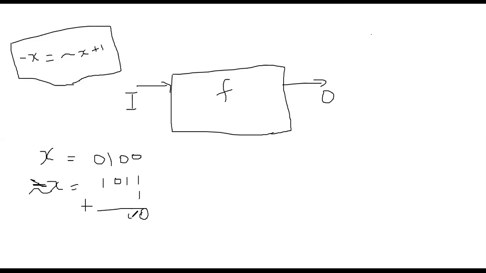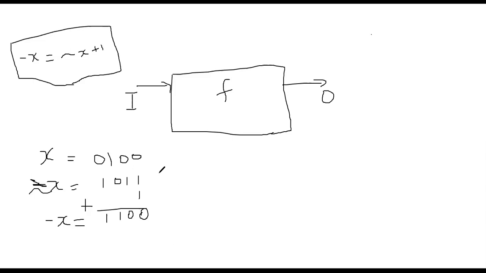So it's going to be 0, and then 1, and then you have 1. So this is nothing but minus x. So minus x is 1, 1, 0, 0. So I was correct.